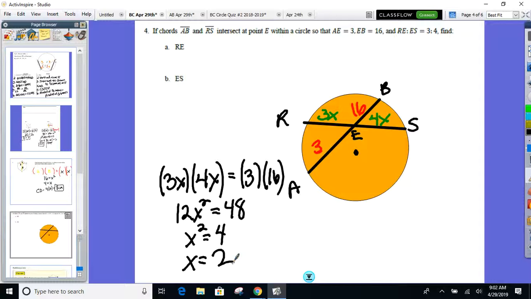Hopefully we didn't stop there. You plugged it back in. RE would be 6, and ES looks to be about 8. And if you want to do a quick check, 16 times 3, 48. 6 times 8, they should be equal to each other. Questions?